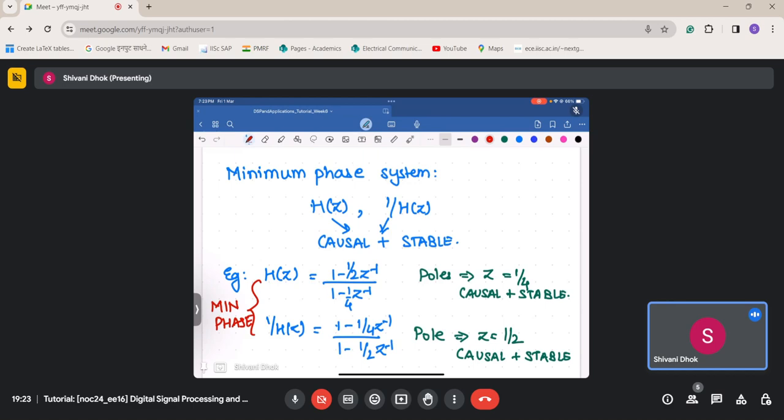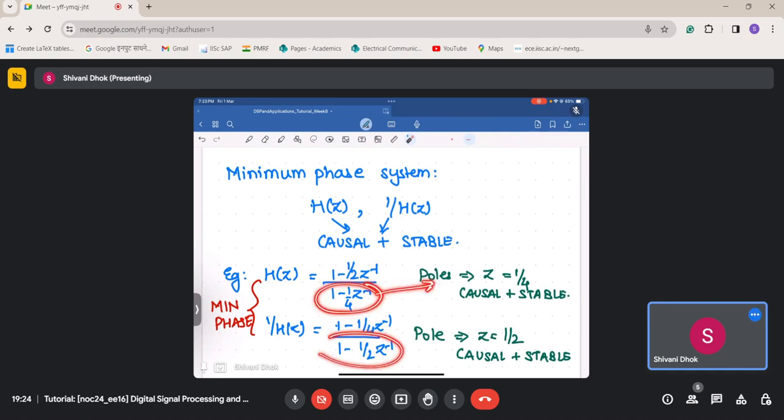Now you observe carefully, this is my original H of z, and this denominator will give me the poles for this particular H of z. Now if I invert this, my zeros will become poles. Zeros of H of z will be poles of 1 upon H of z, and similarly poles of H of z will be zeros of 1 upon H of z. Now if you observe carefully, this pole of H of z was inside the unit circle, that's why this was causal and stable.